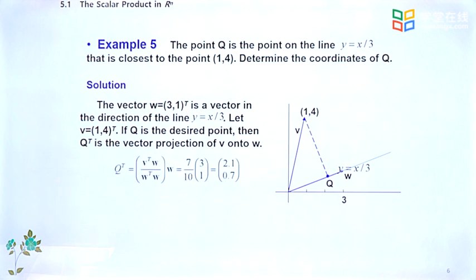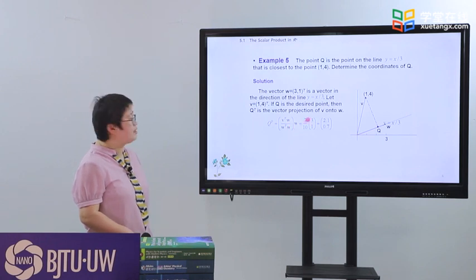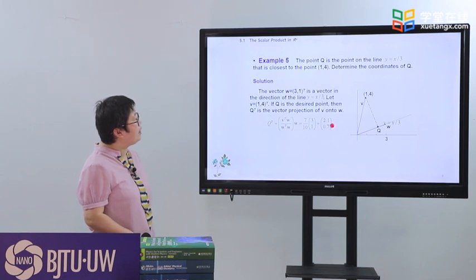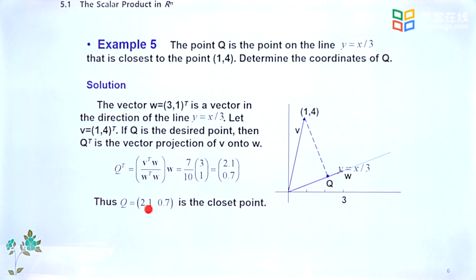By the vector projection formula, Q equals v transpose w divided by w transpose w times vector w. By computation, this equals (2.1, 0.7). So this point Q with coordinates (2.1, 0.7) is the closest point on this line to the given point.